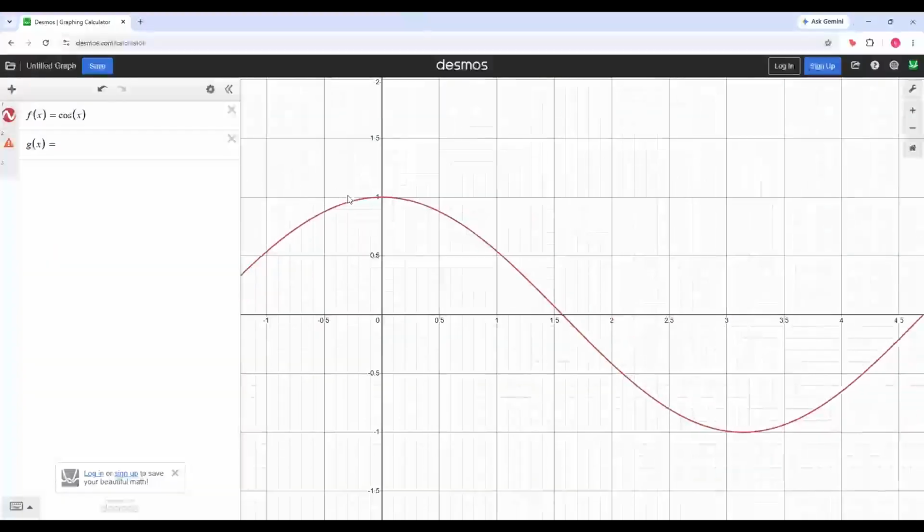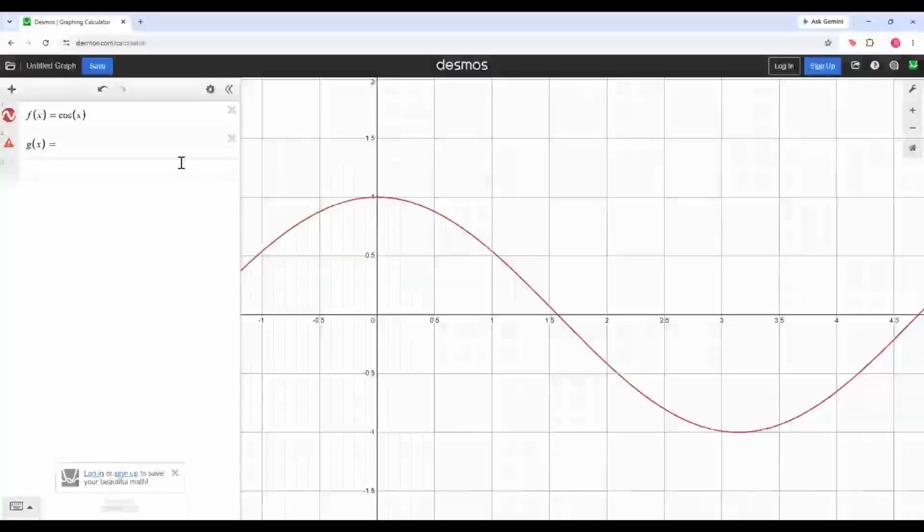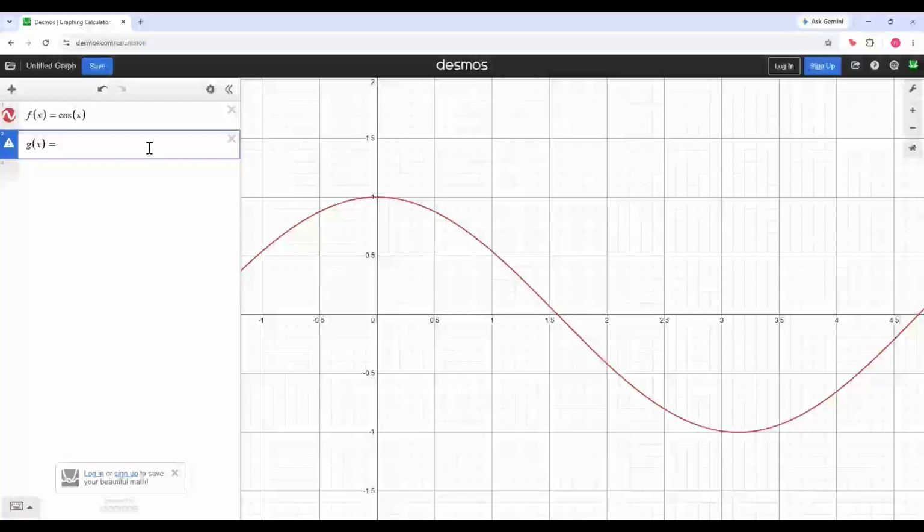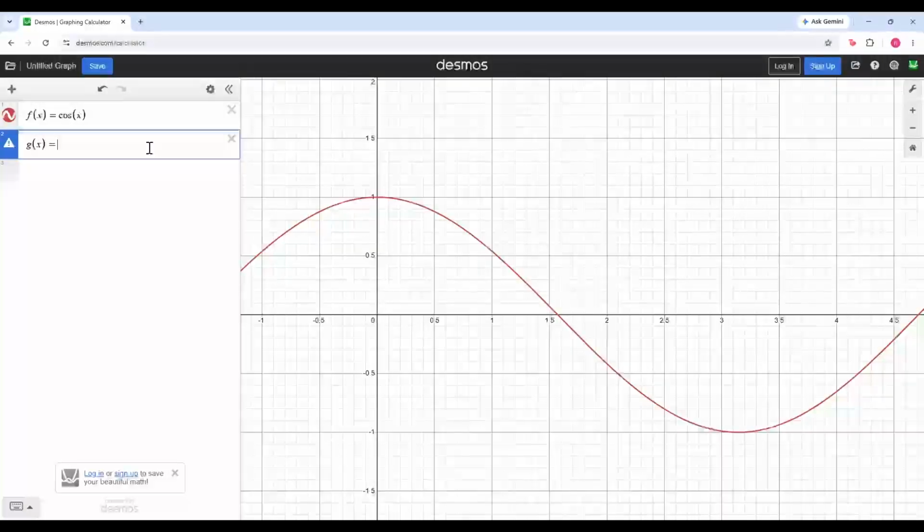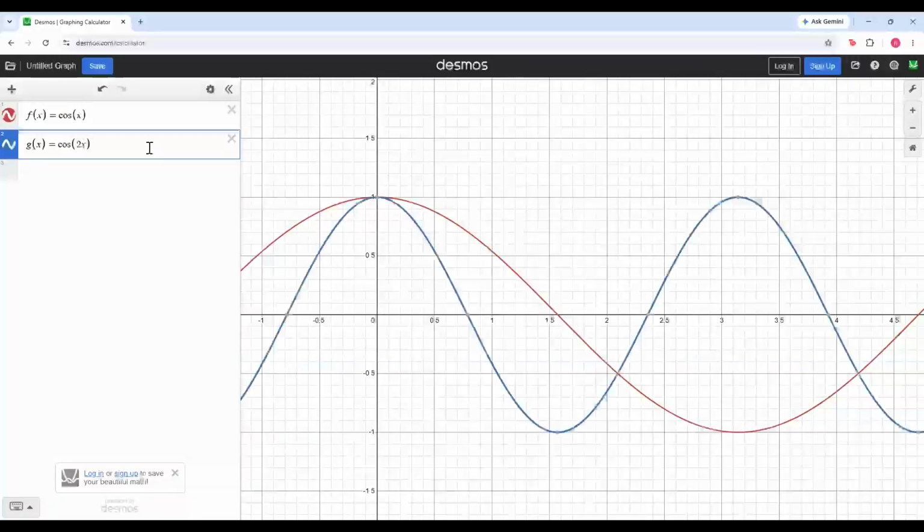This is a cos graph. That's the top of a cos graph, bottom of a cos graph. Now I make another function and I call it cos 2x. It's still the same function, still maximum at 1 and minimum at -1. It's just now narrower, so it's got a smaller period, right?